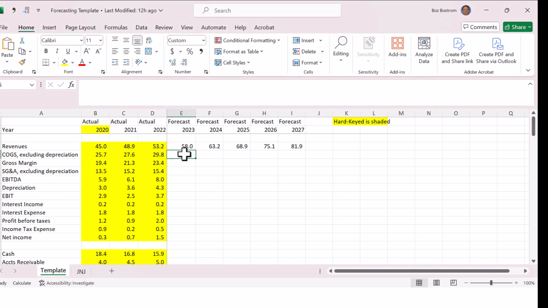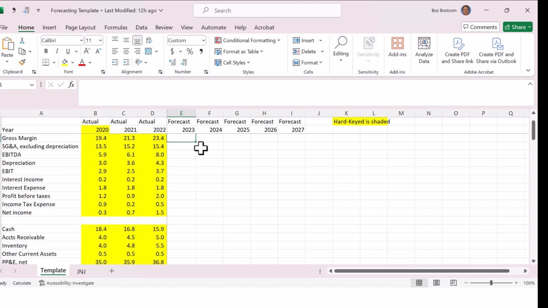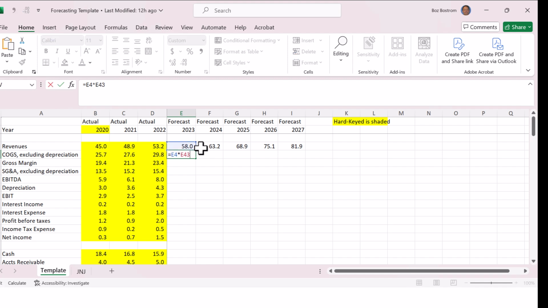In this formula, what I want to go down to is cell E5 right here equals, now I don't want to do the prior year. I see that mistake sometimes. Equals revenues multiplied by, and then I'm going to go down to this cost of goods sold excluding depreciation of 55.5%. All right, so it's taking revenues by the percentage that I forecasted.